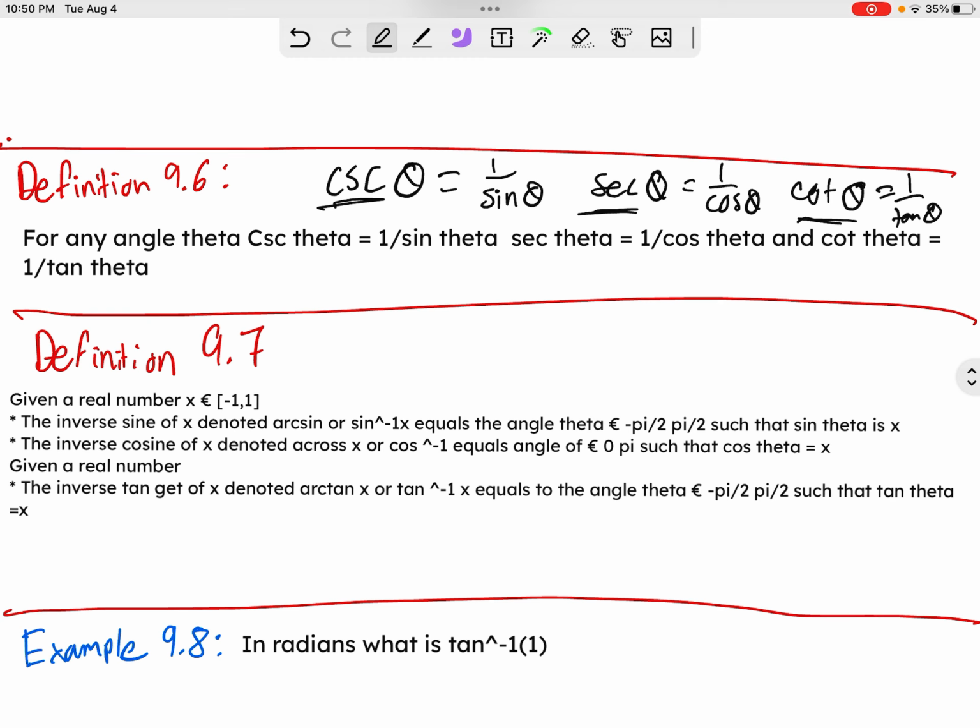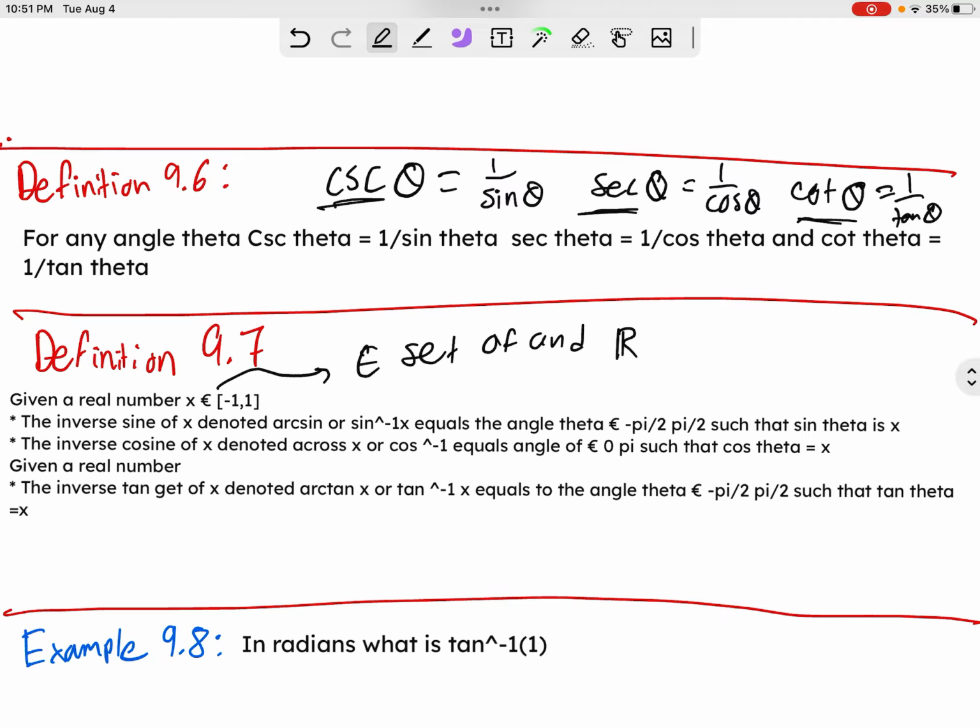My bad, we had to do definition 9.7. So given any real number x in the set of -1 to 1, the inverse sine of x is denoted by arcsin x, or sine to the power of -1 x, which is equal to the angle theta in the interval from -pi over 2 to pi over 2 such that sine theta is x.